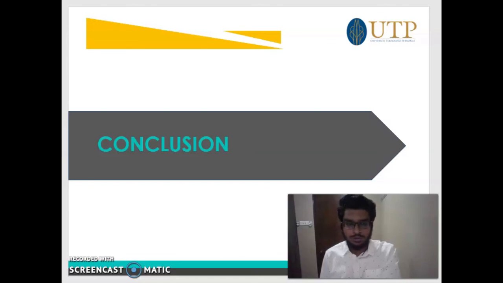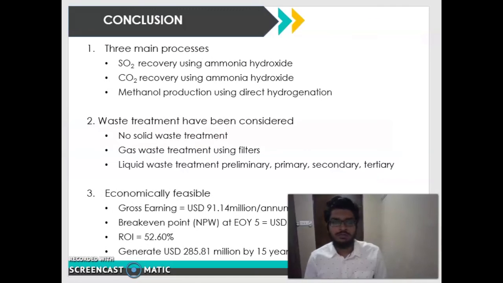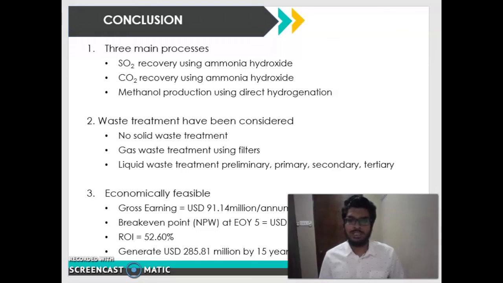Now let's see the conclusion. In conclusion, we have 3 main processes, which are SO2 and CO2 recovery using ammonium hydroxide and methanol production using direct hydrogenation. Next, waste treatment has been considered in this project. Since there's no solid waste, there's no solid waste treatment needed for this project. Next, for gas, the waste treatment was chosen as filters, and for liquid waste, the treatment is preliminary, primary, secondary, and tertiary.